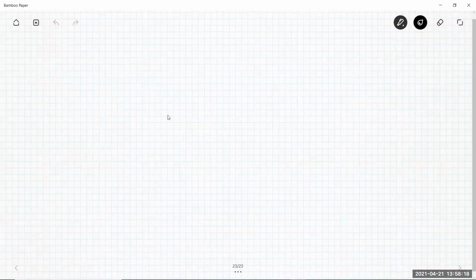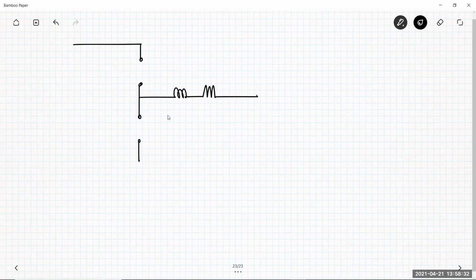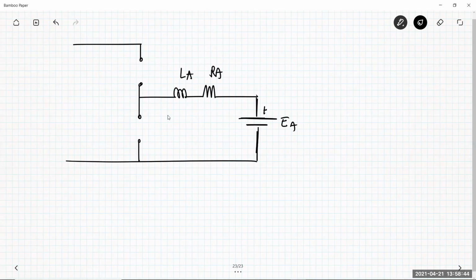Let me consider the circuit. This is the switching power pole, with CD and PD.